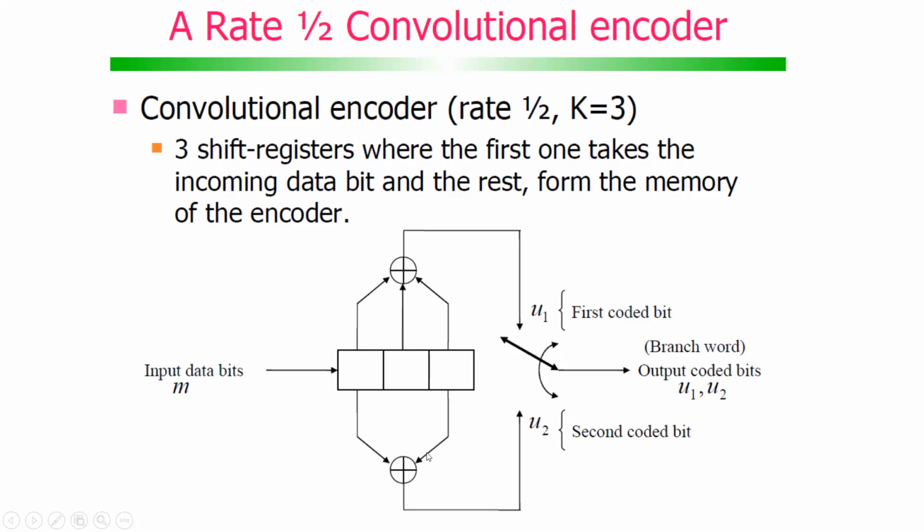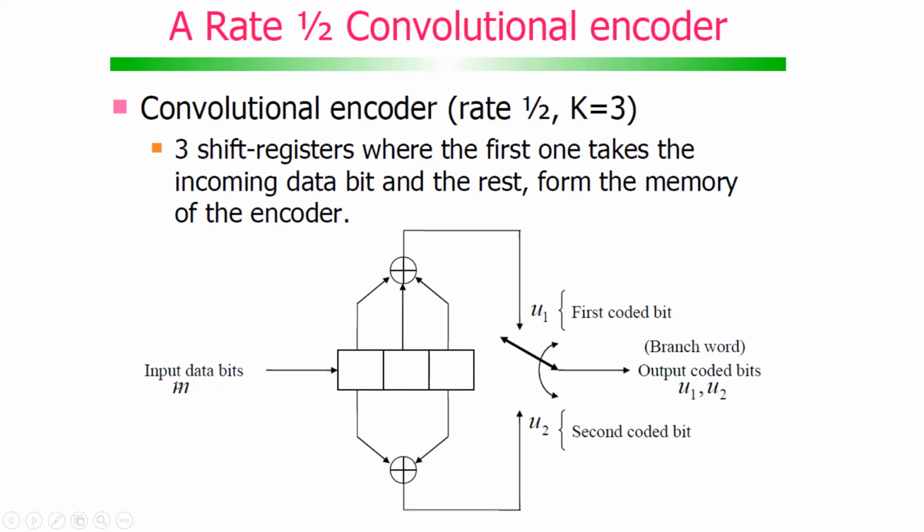Look at the connections for this one: it will be 1 0 1. The 0 in between tells us there is no connection from the first bit of the shift register. There is no second bit going to the input of the second XOR gate. This is the input bit, and only this bit will go. So this is the 1 0 1 structure, and this is the 1 1 1 structure.